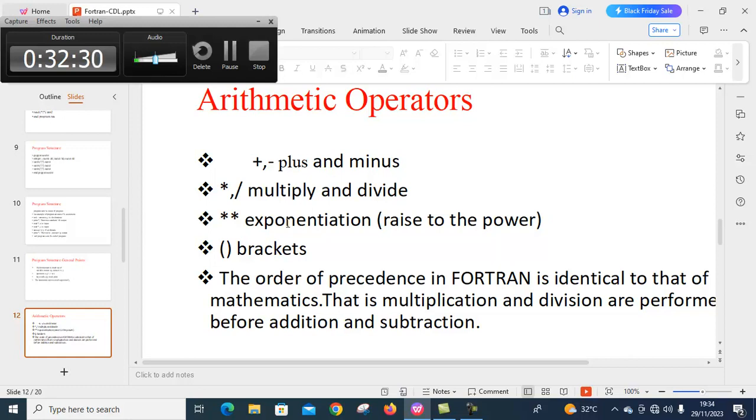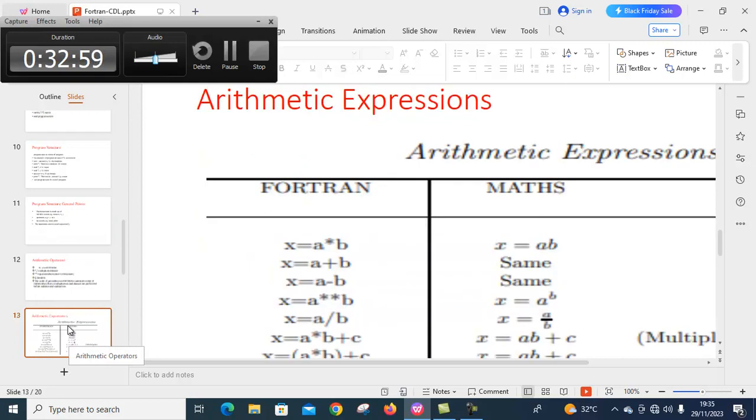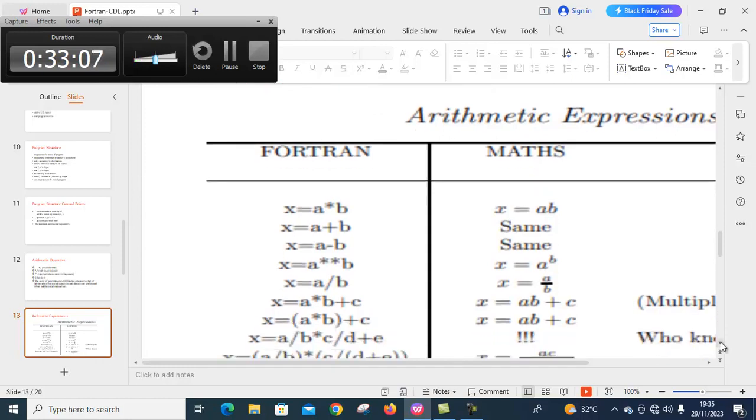That is when you raise a value to a power, maybe 3 raised to power 3, which is 27. You talk about the brackets. The order of precedence in Fortran is identical to that of mathematics. That is, multiplication and division are performed before addition and subtraction. Let's continue. Let's look at the following arithmetic expressions.